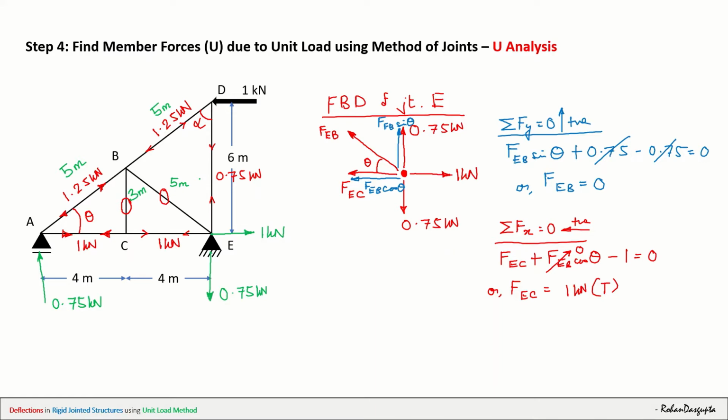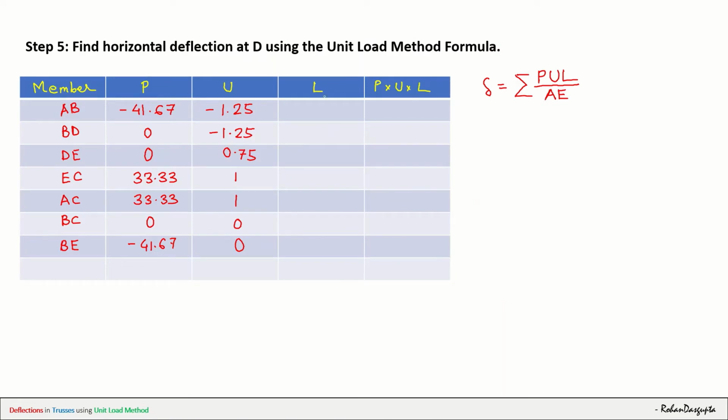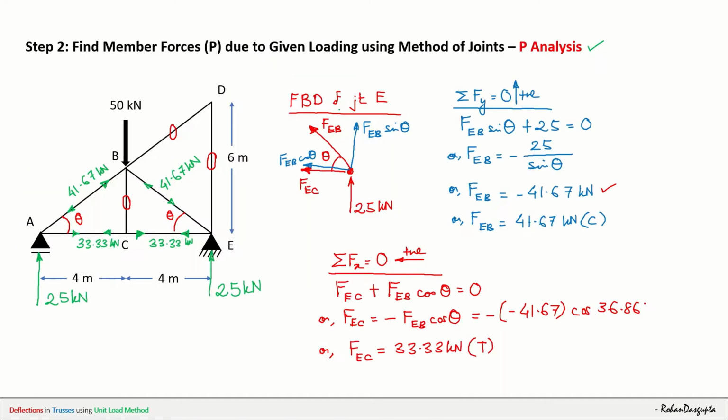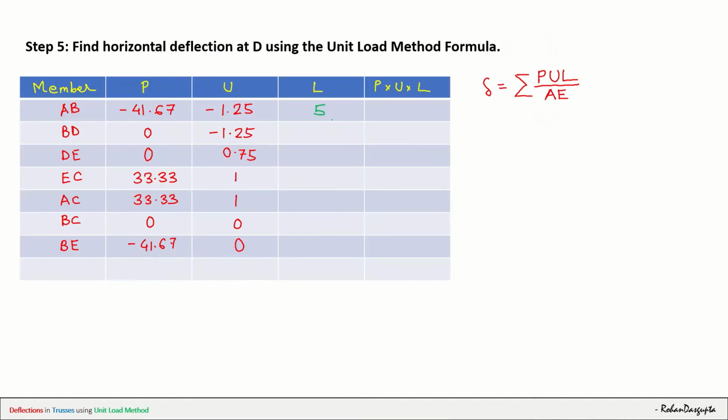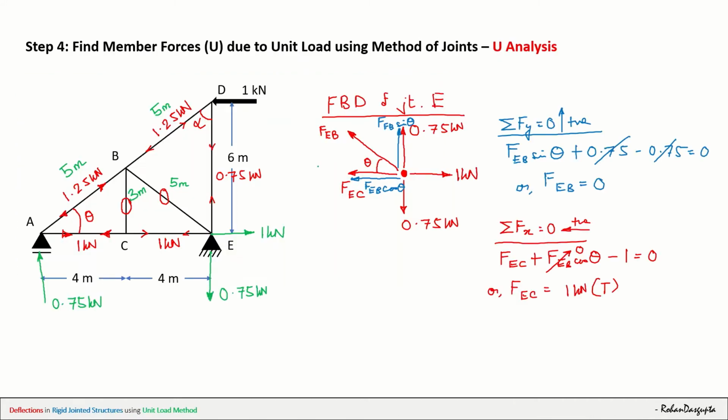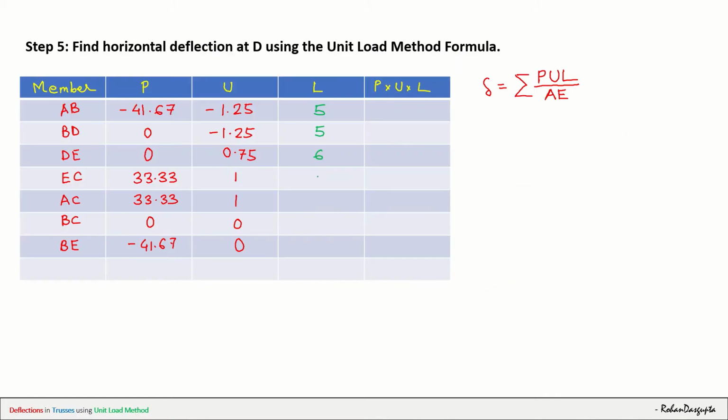All right. So with this, we can write the lengths here. This one will be 5, then again this one will be 5. Then DE is given, that is 6. These base members EC and CA are 4 and 4.